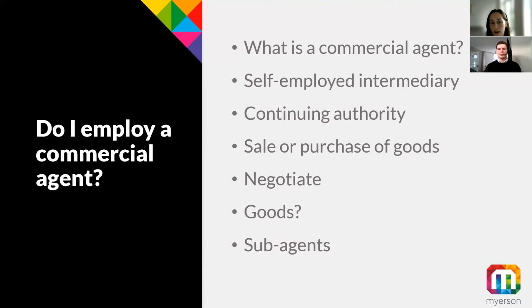And because of that, whilst technically doing the same job as the main agent, the subagent is not going to be given the protection of the regulations. In practice, what that means is that in the event that the subagency is terminated, the subagent will not be entitled to claim a termination payment under the regulations.